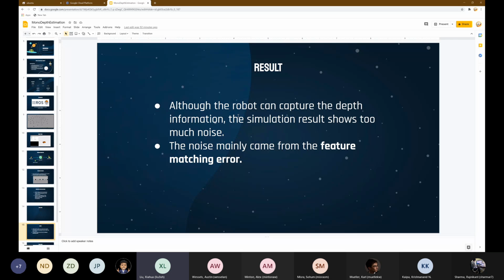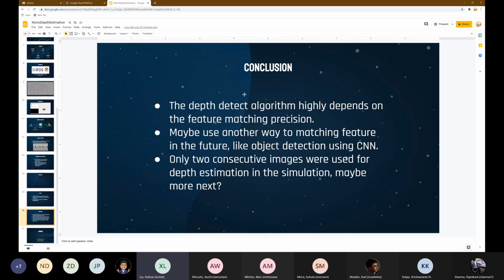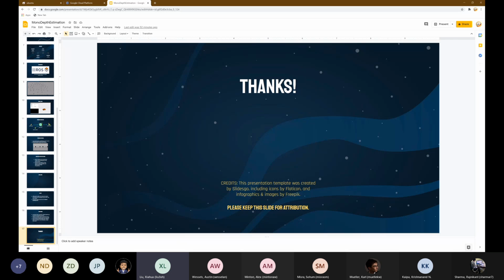Existing feature matching algorithms are mainly designed for matching static images, so they cannot capture the movement of the image very well. So this is the next part I'm going to try: improving the matching algorithm and seeing if I can get a better result on this project. And that's all. Thank you.